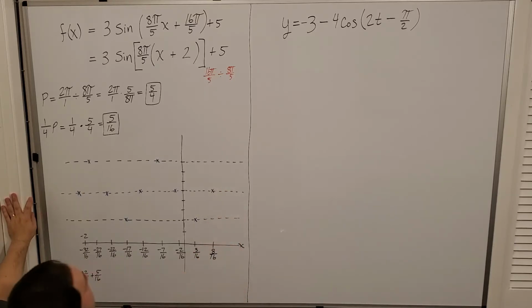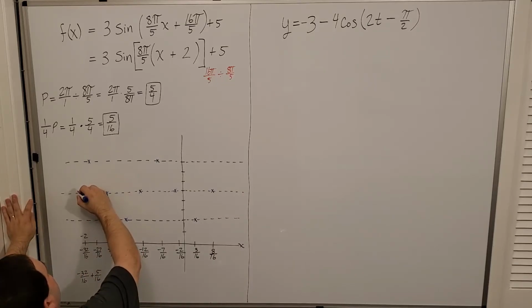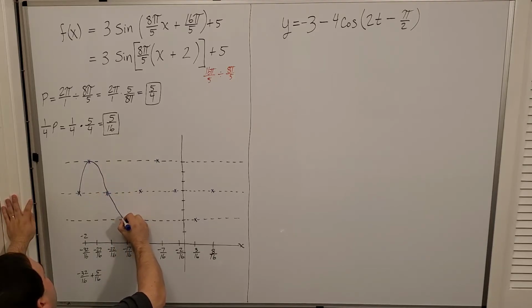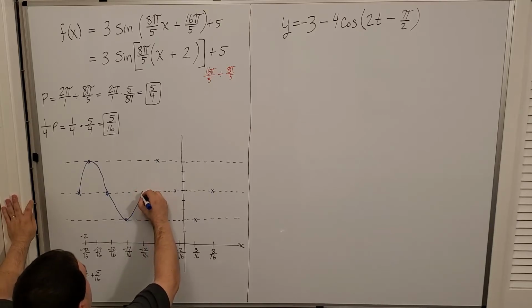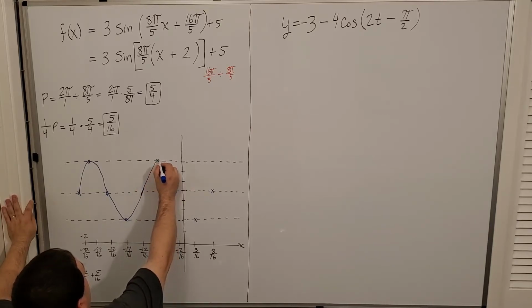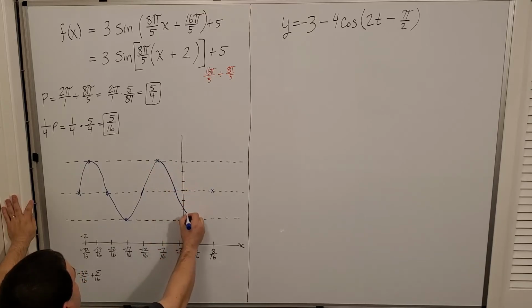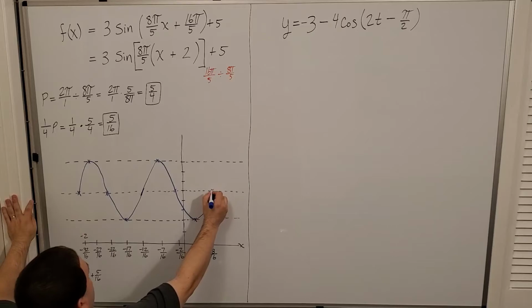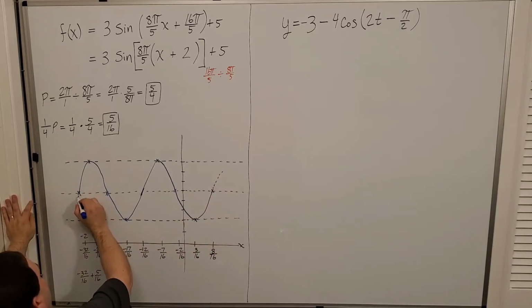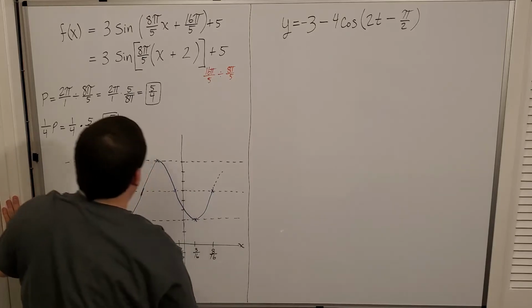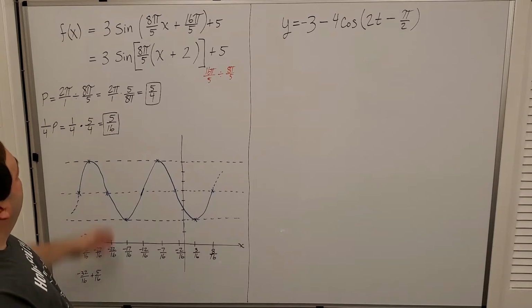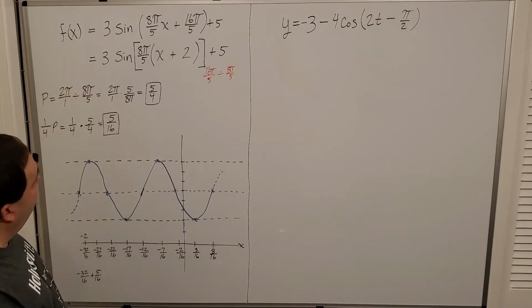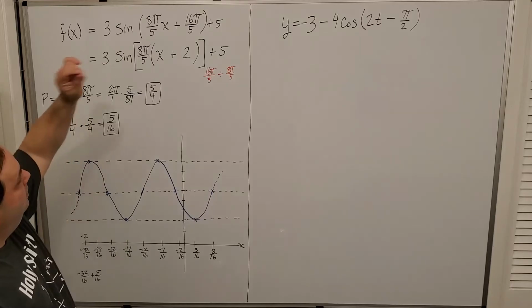Middle, right there. And there we have it. 2 whole periods of the function 3 sine of the quantity 8 pi over 5 x plus 16 pi over 5, quantity, plus 5.